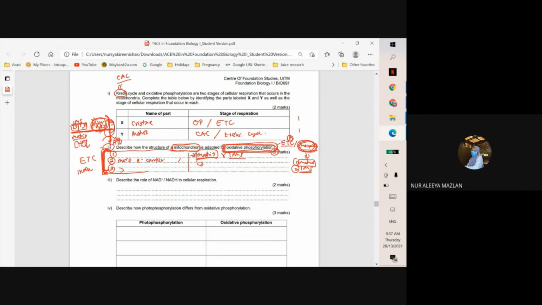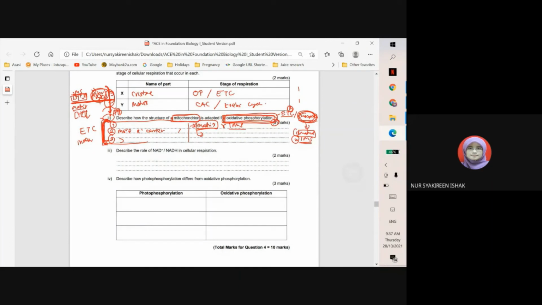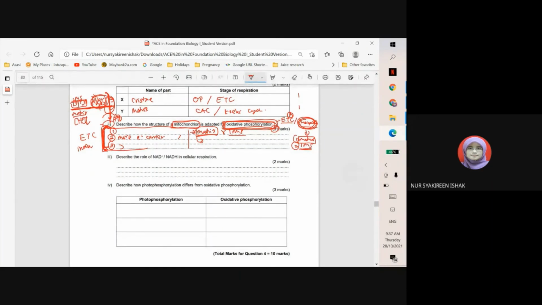Okay, so number 3, describe the role of NAD plus or NADH in cellular respiration. The question is worth 2 marks. So NAD plus basically functions as a coenzyme. Dah dapat 1 markah.